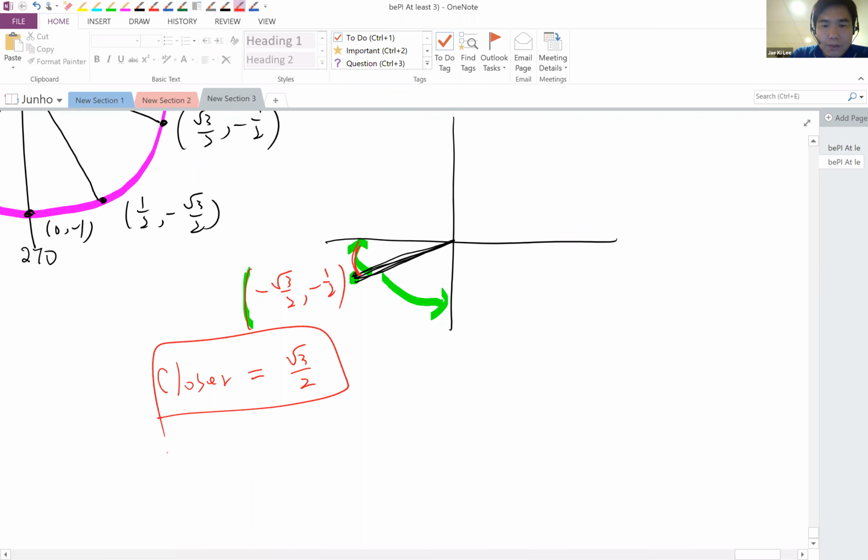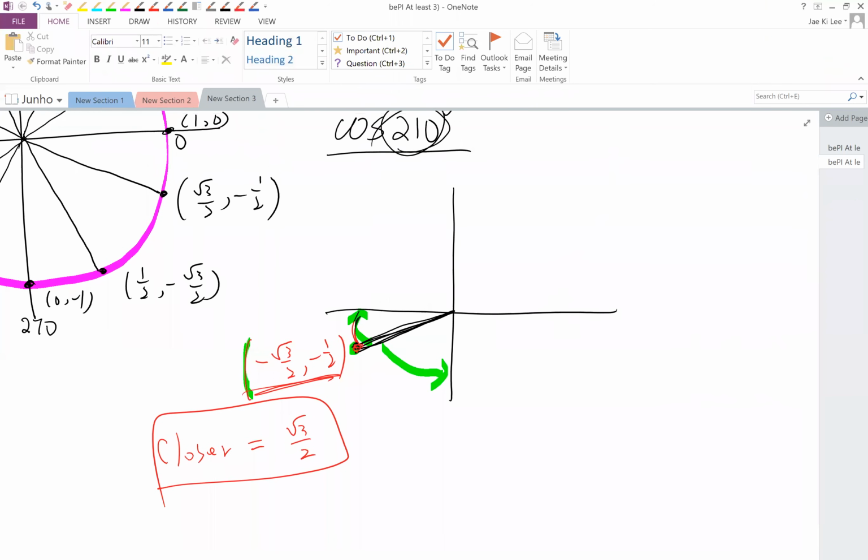The reason I put both negative is because the angle is located in the third quadrant. That's the only reason. Therefore, after finding this coordinate, for cosine 210 you can conclude negative root 3 over 2.